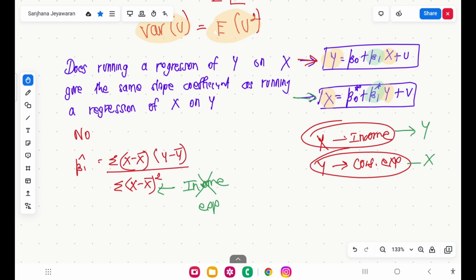Why? Because in the beta 1 formula, the denominator uses the x value, that is the independent variable. So when we switch the variables, the denominator value changes, and therefore beta 1, the slope coefficient, changes.